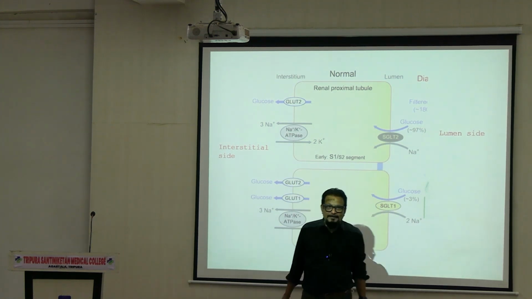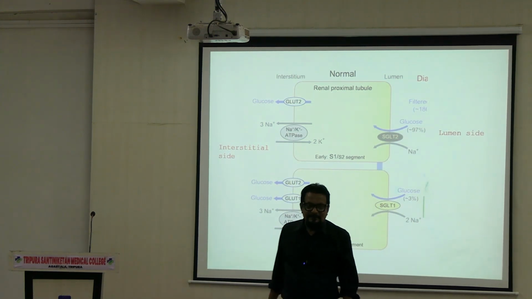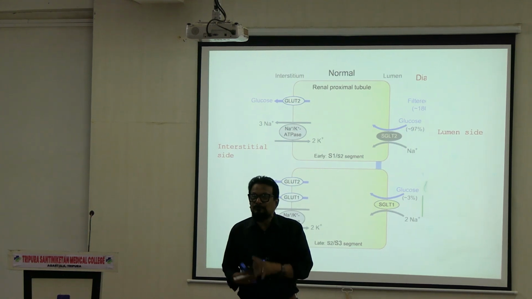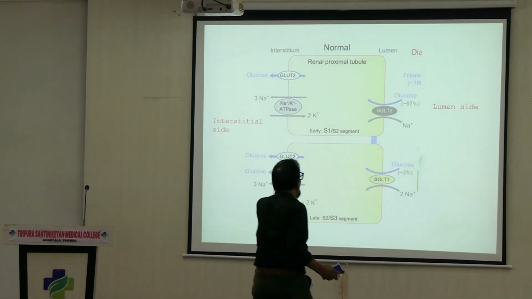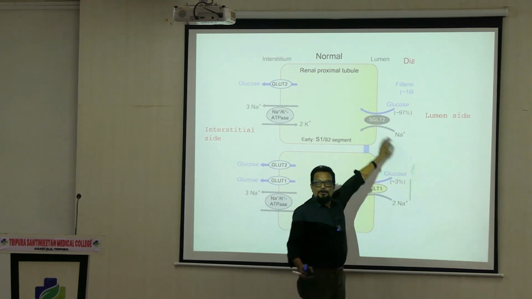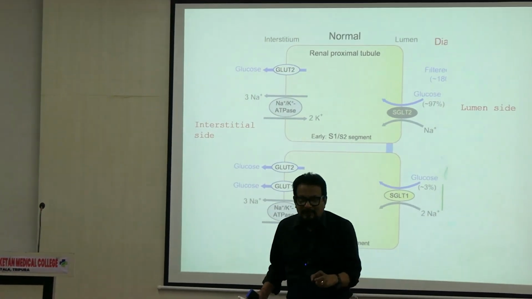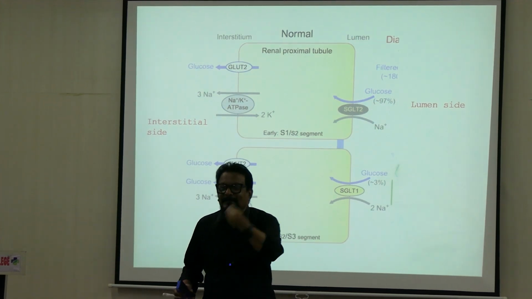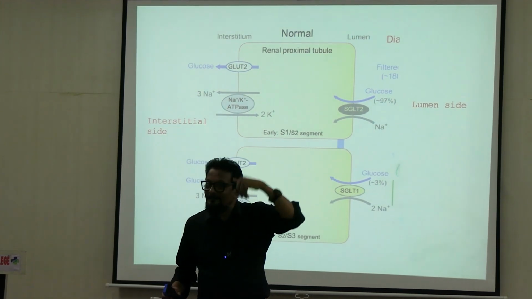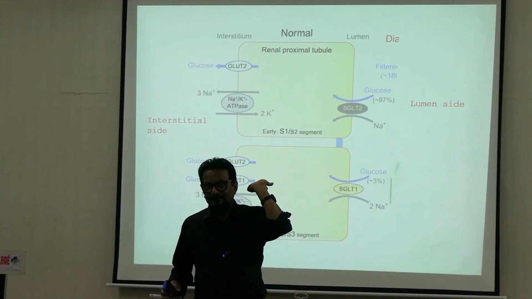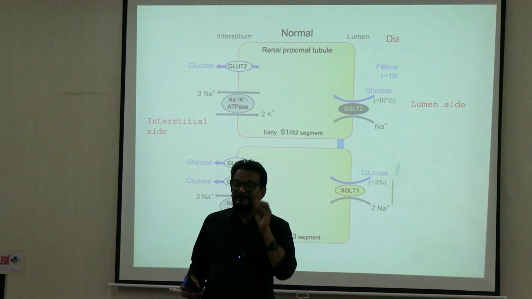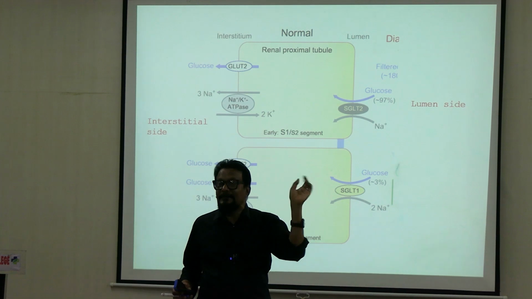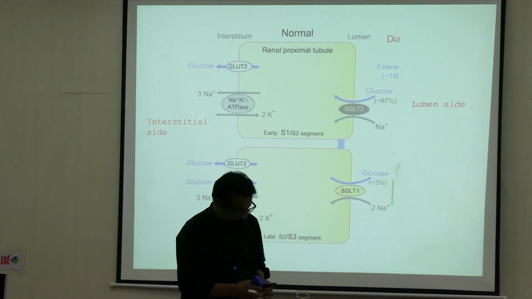So if you want to control diabetes, you have to choose some drug that will block this one. If you can block this one, the glucose will not be absorbed back into your blood, and that will be excreted through the filtrate. Okay, there are many drugs that are developed for blocking this transporter.